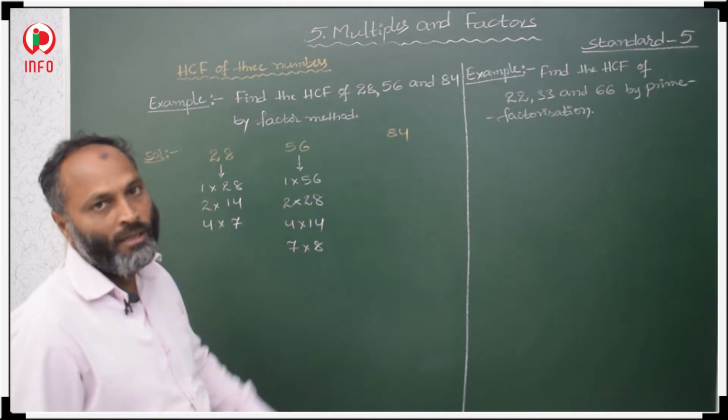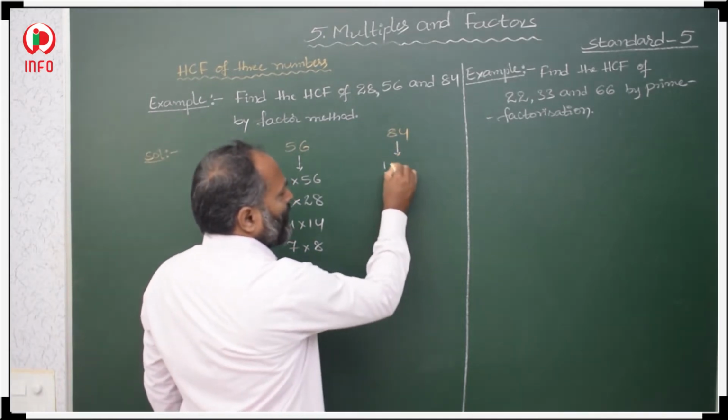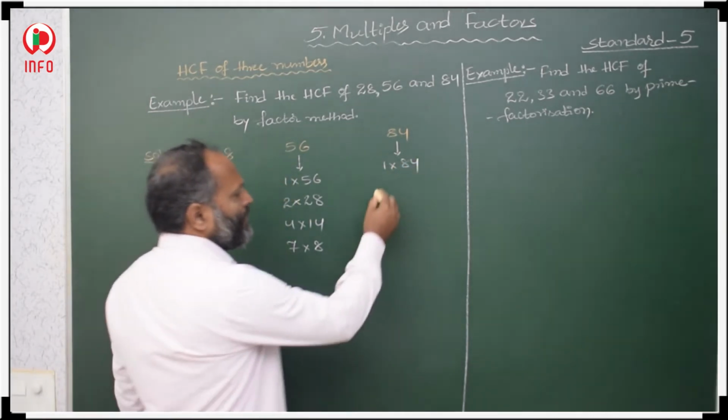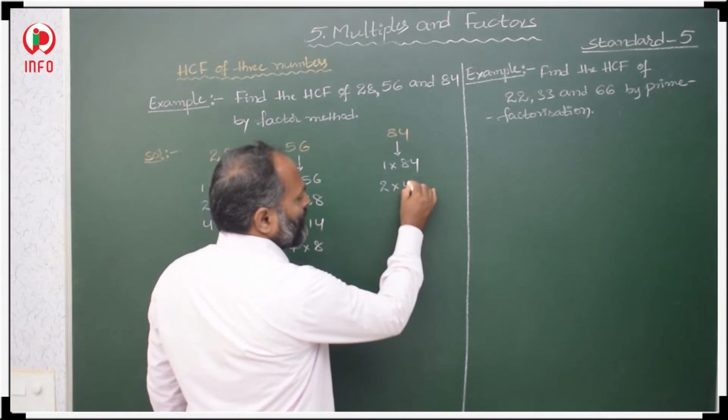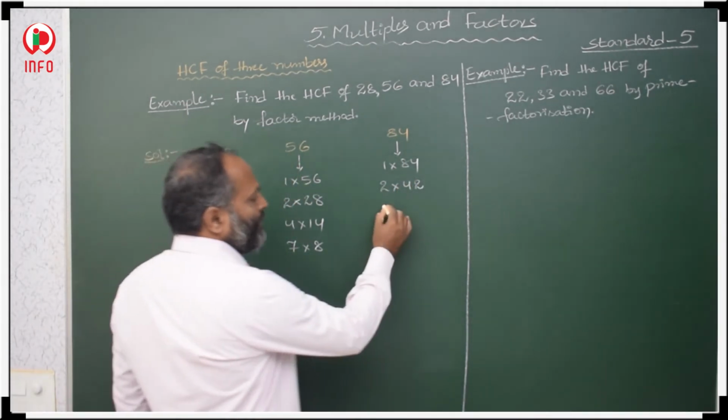It repeats. 7 8s are already there, and after that 8 7s, so no need to write, stop till here. Then 84: 1 84 is 84, then 2 42s are 84. And it is divisible by 3. Why?